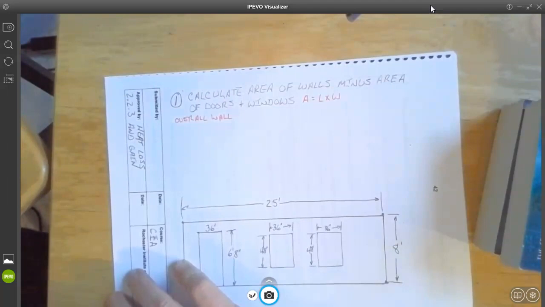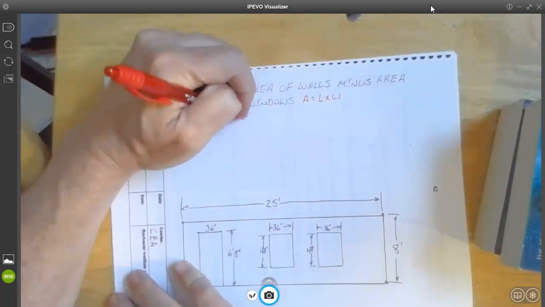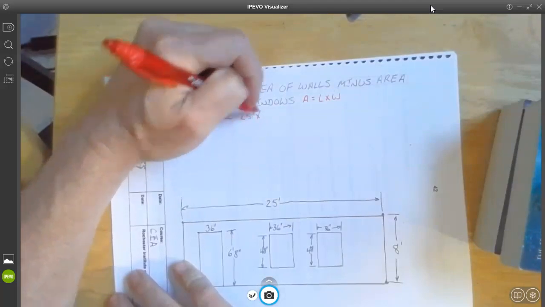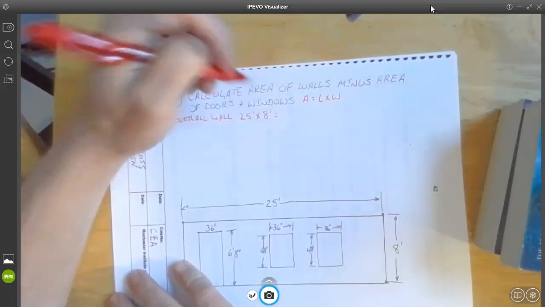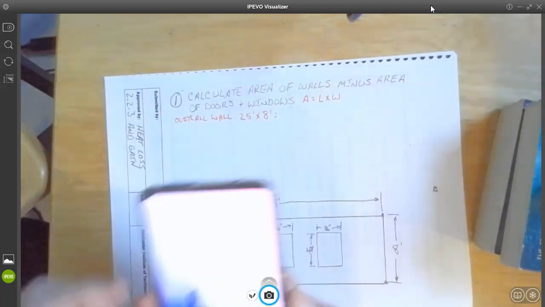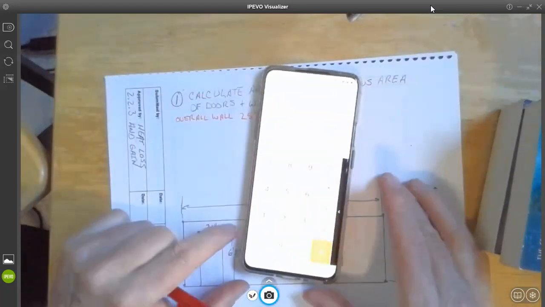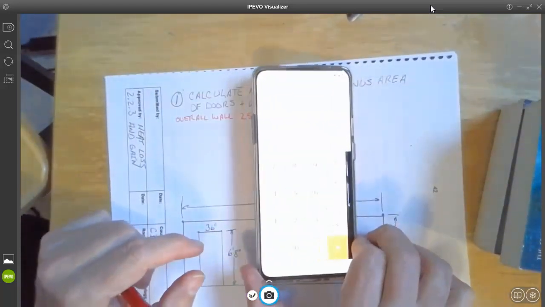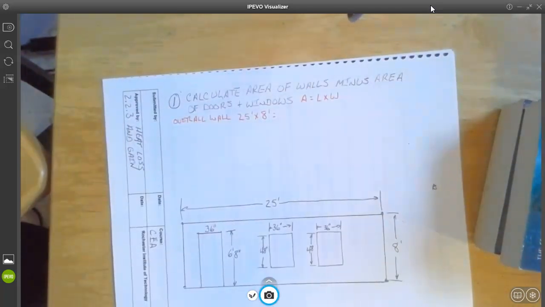That wall is 25 feet long by 8 feet tall. So 25 feet by 8 feet equals, and let's see, I'm going to use my cell phone here, and sometimes it doesn't show up too good here. Shucks. Well, you're just going to have to take my word for it, I guess.